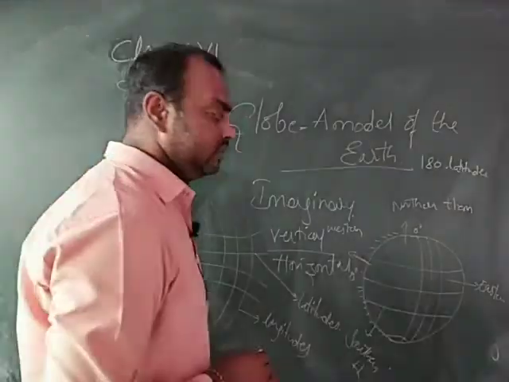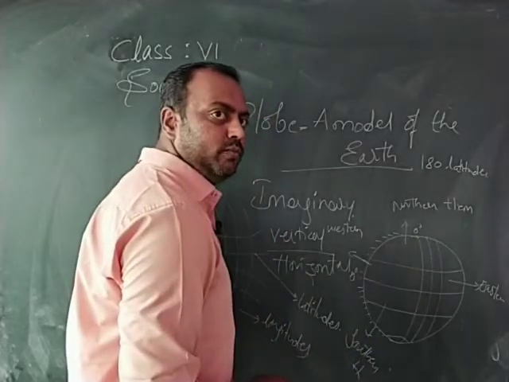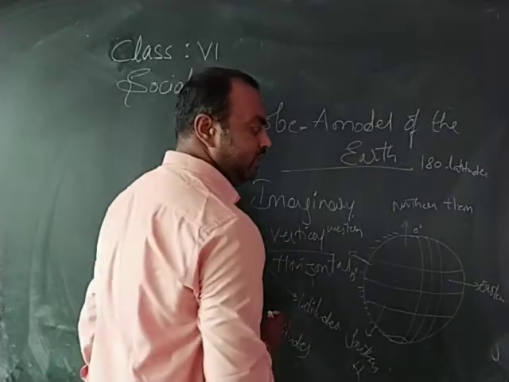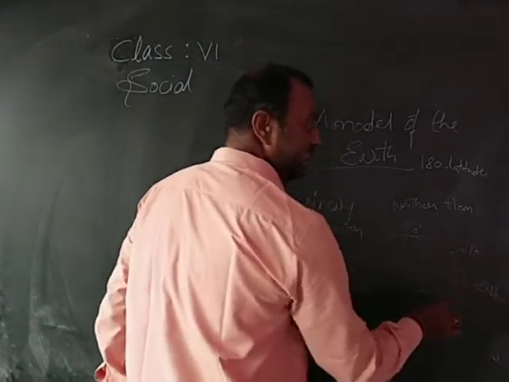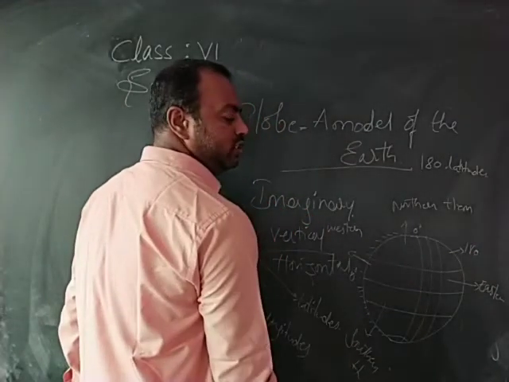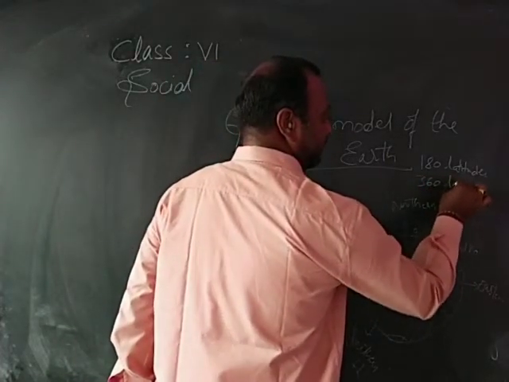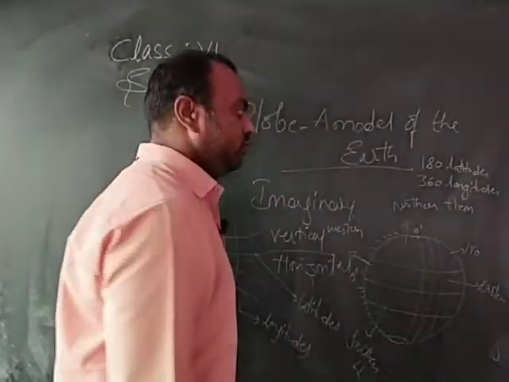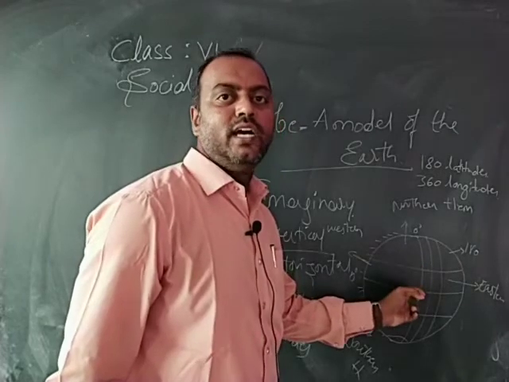In the same way, when the 0 degrees longitude divided the globe vertically into two equal halves, on each side there are 180 longitudes: 180 in the eastern hemisphere and 180 in the western hemisphere. So completely there are 360 longitudes on the globe. So 180 latitudes and 360 longitudes are present.